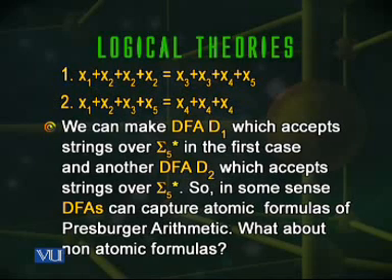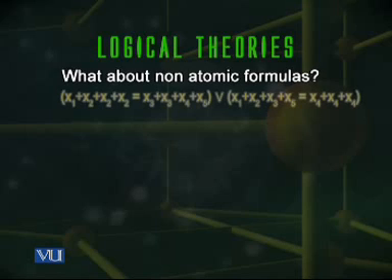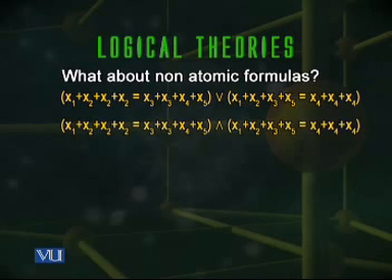So let's make a non-atomic formula out of these two atomic formulas. One way is to take the first formula and OR it with the second formula. Another way is to take the first formula and AND it with the second formula.